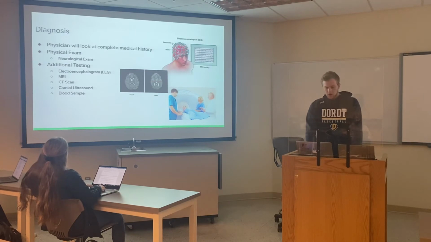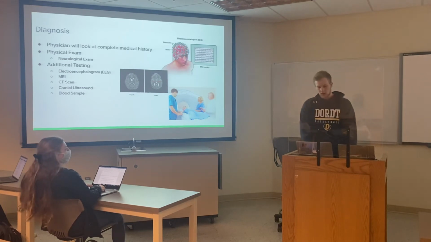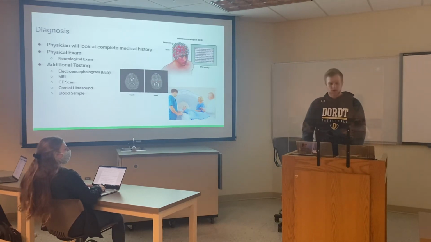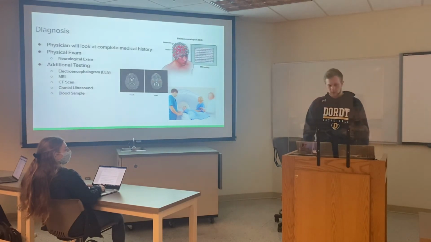And then a cranial ultrasound is usually done in really young children, as this is a quicker and more inexpensive way to get images of the brain. And then a blood sample may also be ordered to rule out any other possible issues that are occurring.